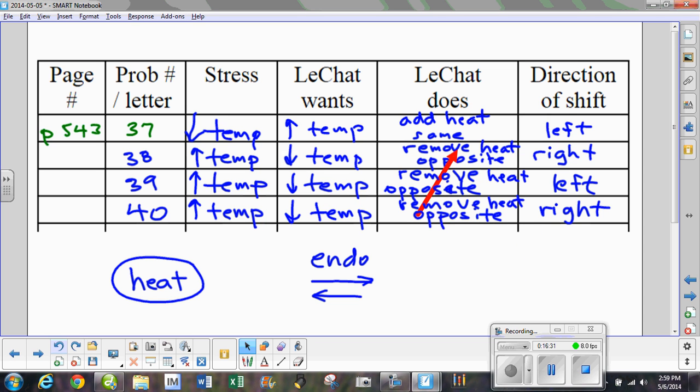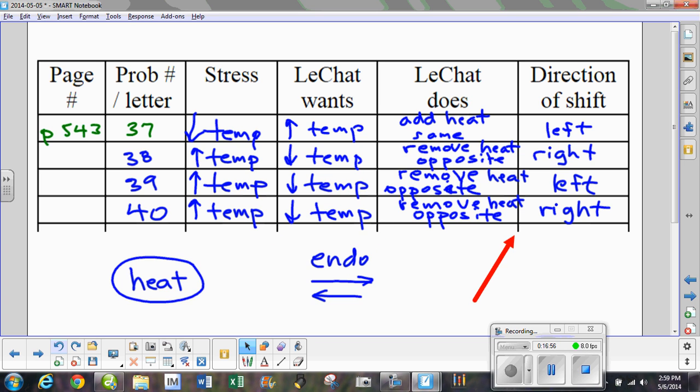It's whether we're removing heat or adding heat. And it's same or opposite, okay? So with the heat on the left, opposite means the right. Okay, that's the endothermic reaction where we have to remove heat because that's what Le Chatelier wants to do.